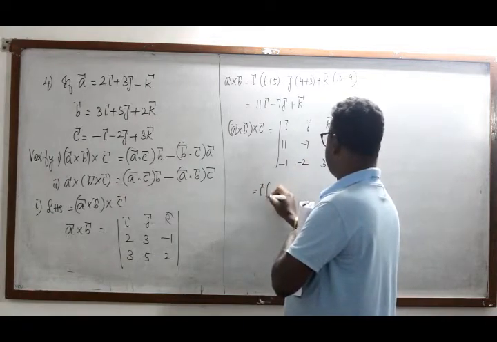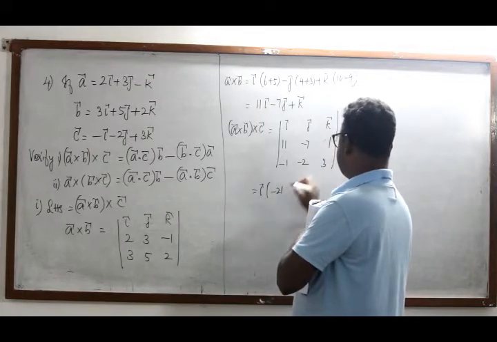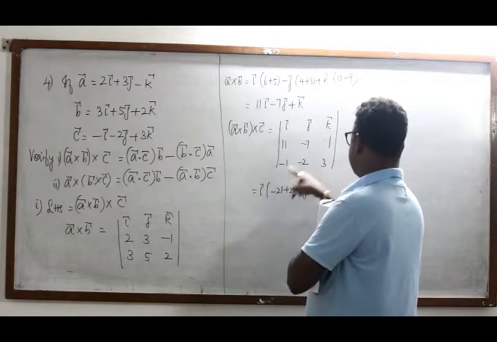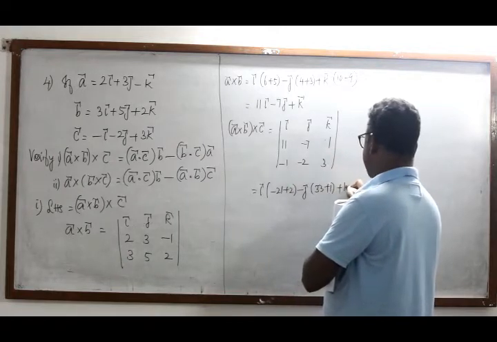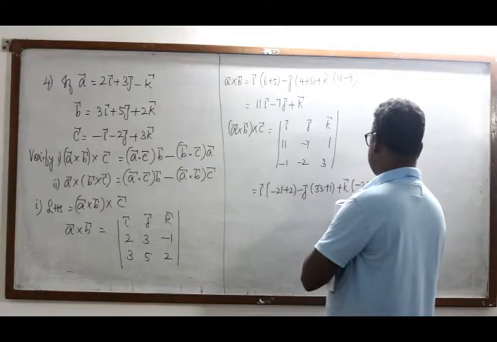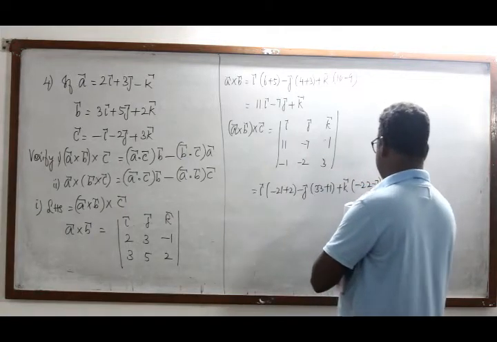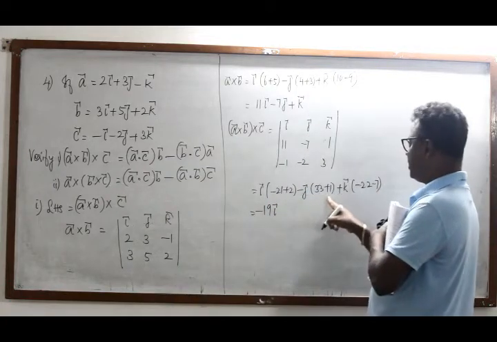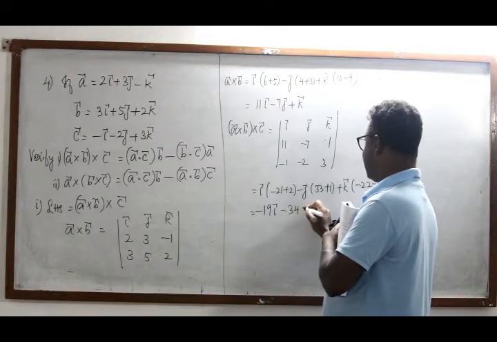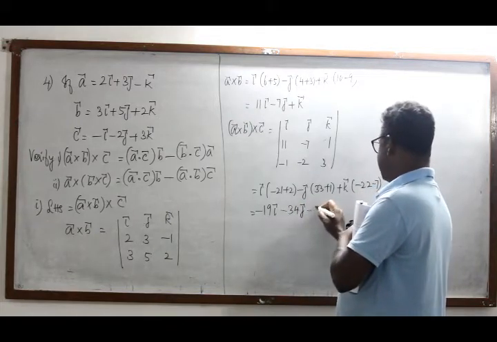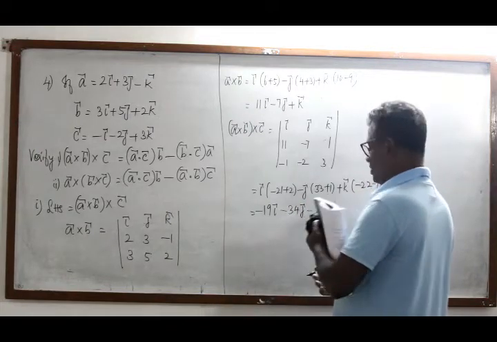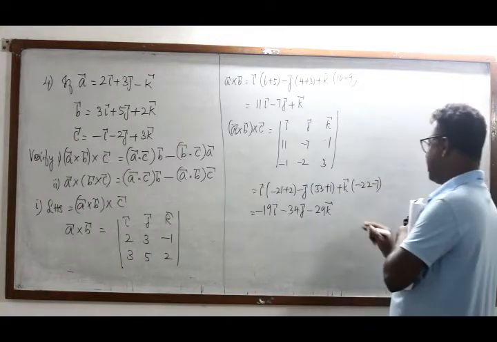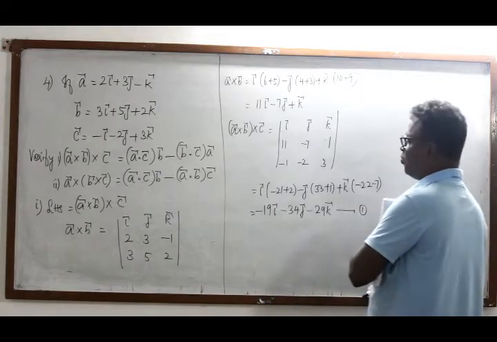So it is i into minus 21 plus 2 minus j into 33 plus 1 plus k into minus 22 plus 7, so minus 15. 21 minus 2 is minus 19, 33 plus 1 is minus 34j, minus 29k. This is our left hand side: minus 99i minus 34j minus 29k. This we should keep as 1.